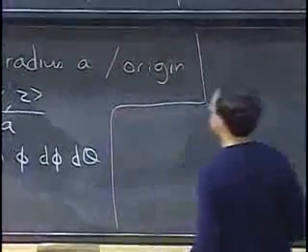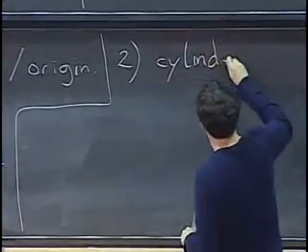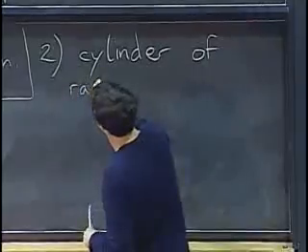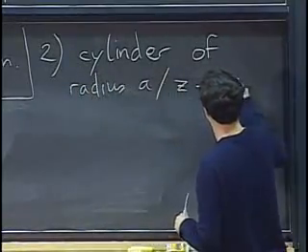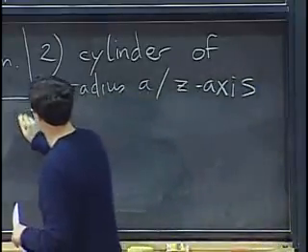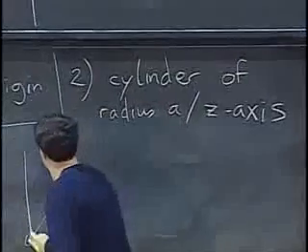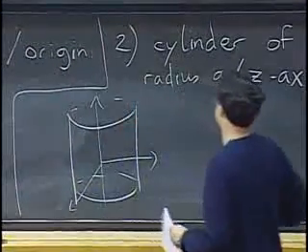Okay, so that's one we've seen. Let's say I have a cylinder of radius a centered on the z-axis. Okay, so what does that look like? And when I say a cylinder, it could be a piece of a cylinder.